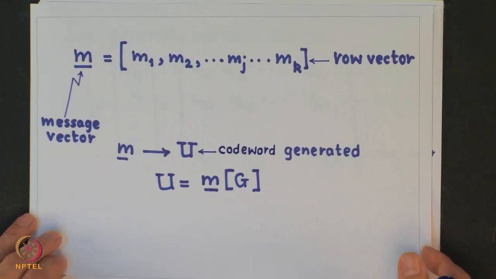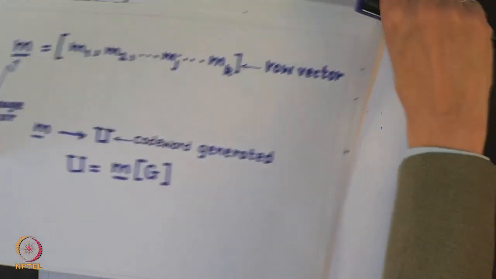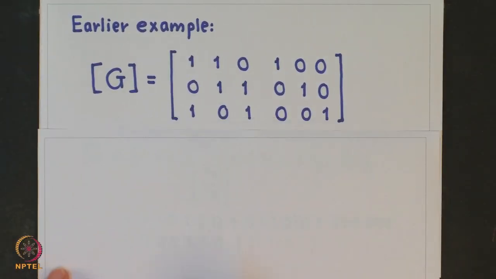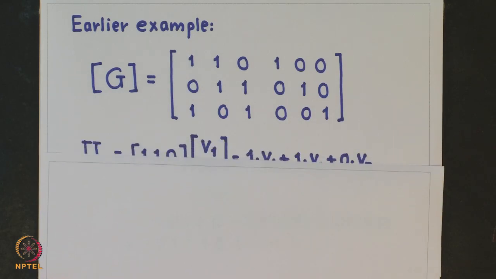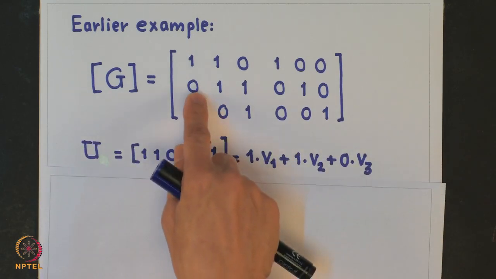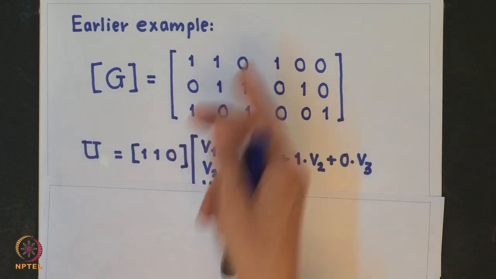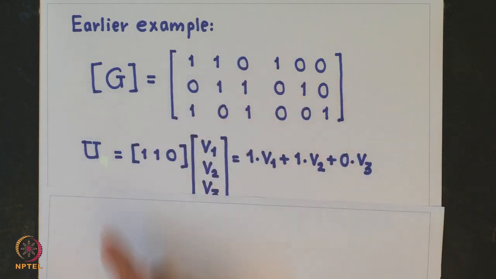Okay. So, for the earlier example which we had studied, we can obtain the generator matrix as follows. Generator matrix is given by this, and we can see whether this produces the code words as expected.